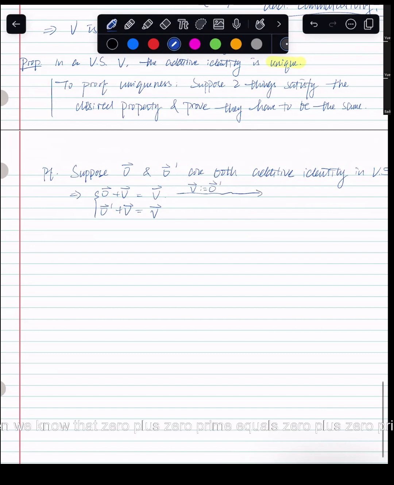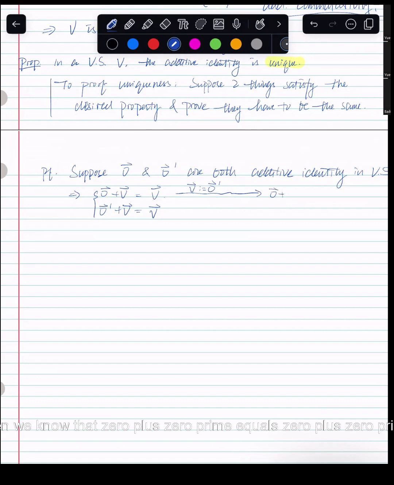Then we know that 0 plus 0 prime equals 0 prime. All right, so similarly, the second equation, if we let this v equals 0, then we know that 0 plus 0 prime equals 0.